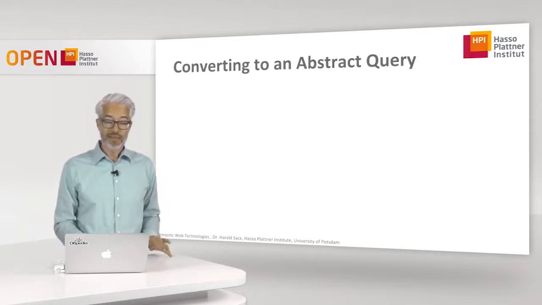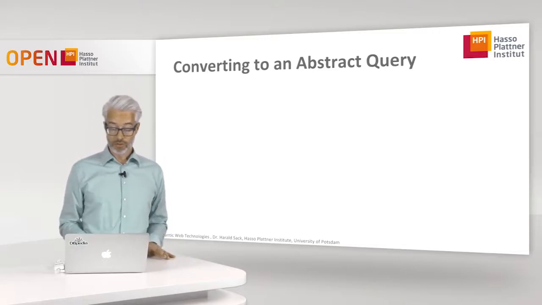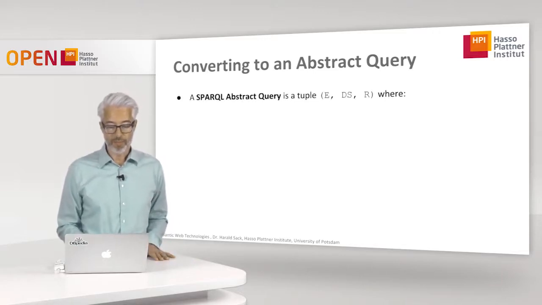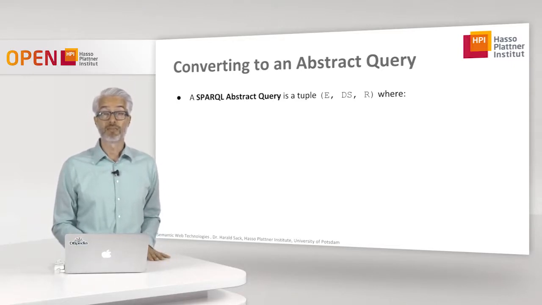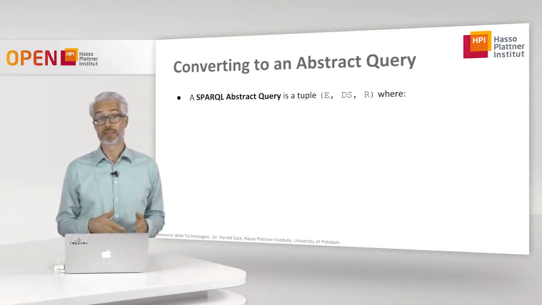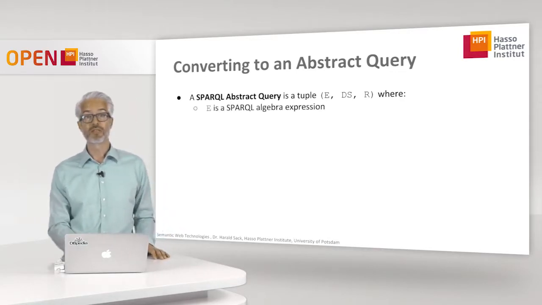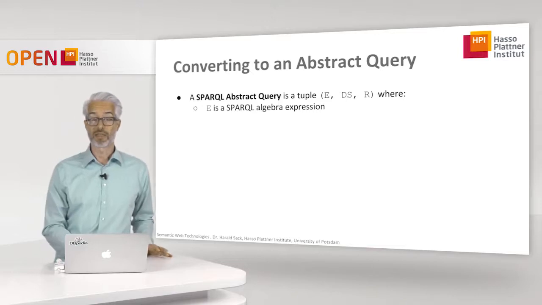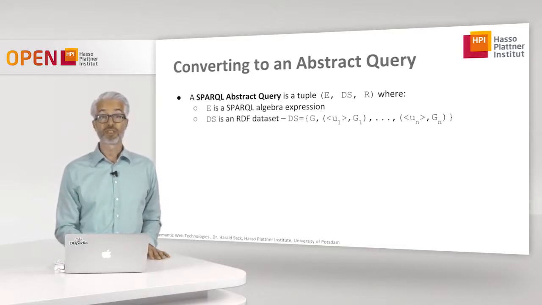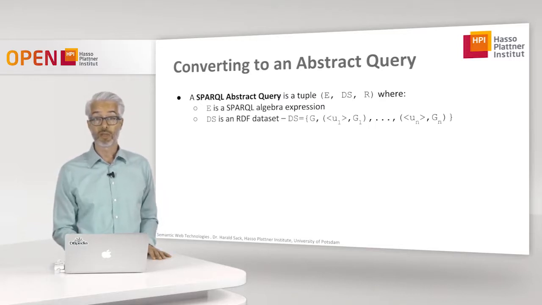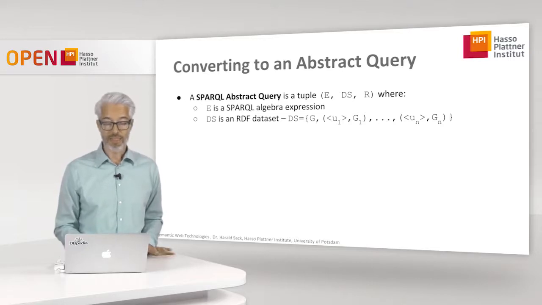So let's now try to convert an abstract syntax tree to an abstract query. First we have to define what an abstract SPARQL query expression is. This usually is a tuple consisting of three major elements. First of all, we have a SPARQL algebra expression, E. Then this SPARQL algebra expression should be evaluated on a given RDF dataset, which is denoted here as DS.